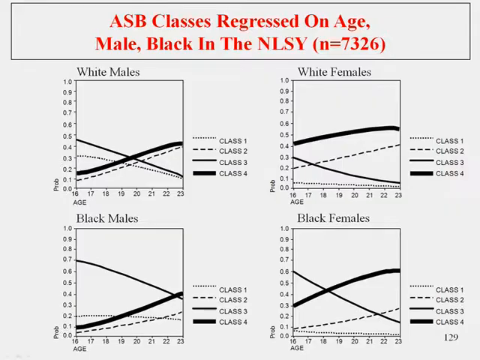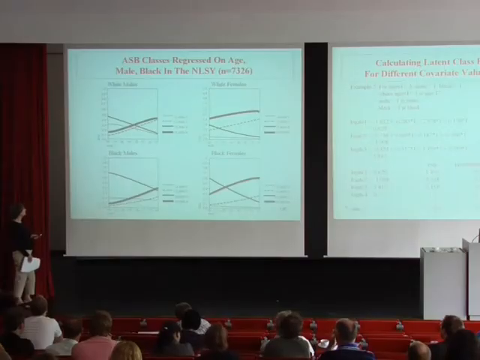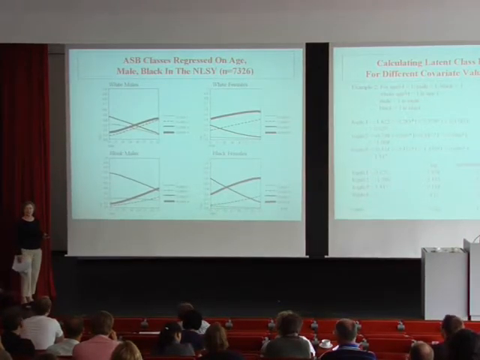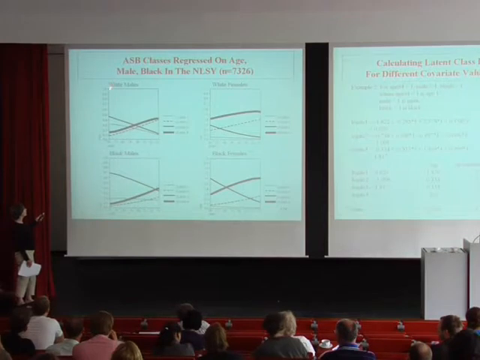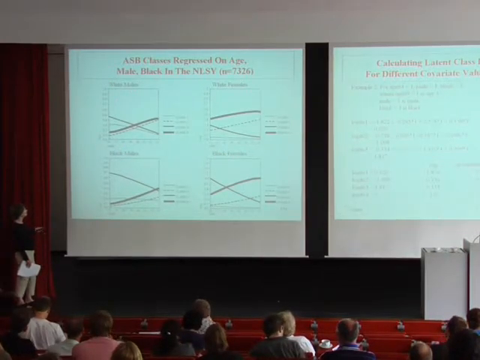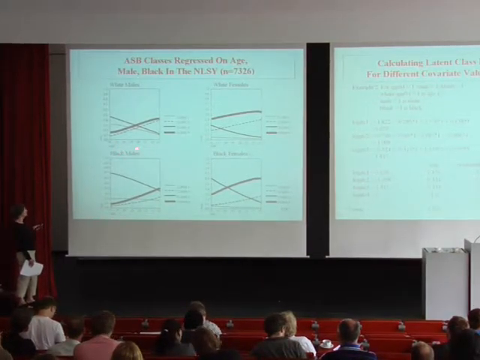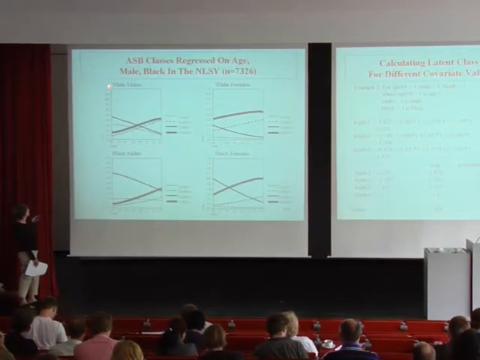So the 4 boxes represent 2 times 2, the 4 combinations of the binary covariates. We have white males, white females, black males, and black females. On the x-axis is the covariate age, and on the y-axis in all of them are probabilities.